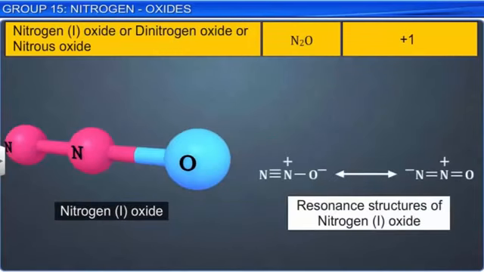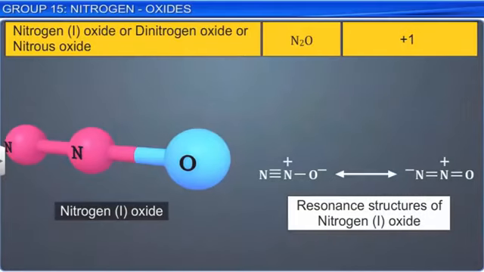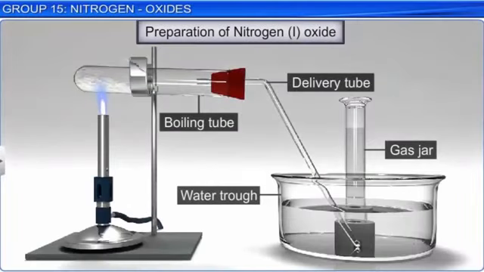Nitrogen 1 oxide, also called dinitrogen oxide or nitrous oxide, is usually prepared by heating ammonium nitrate gently to 240 degrees Celsius.